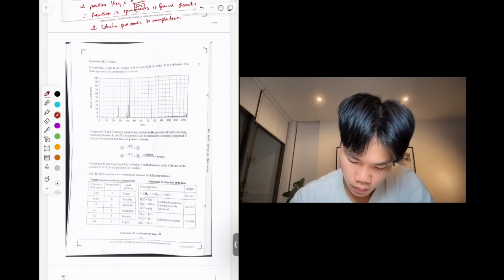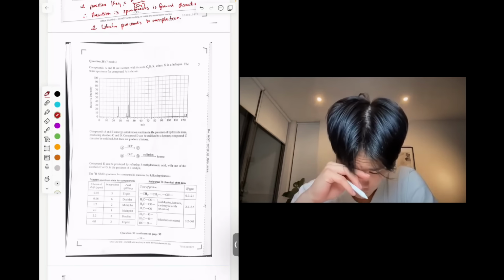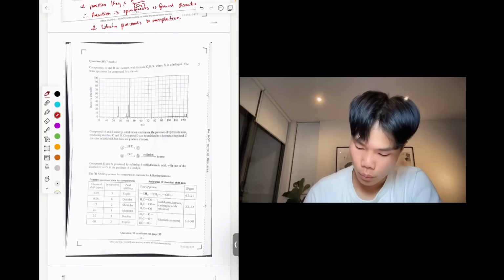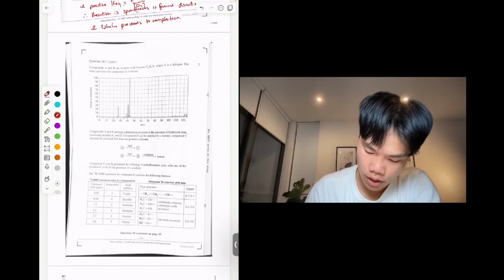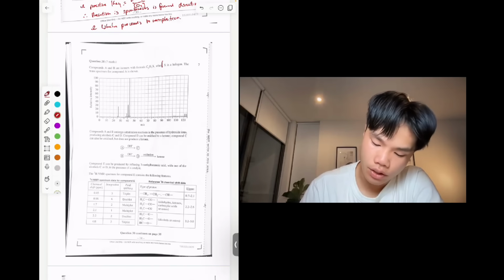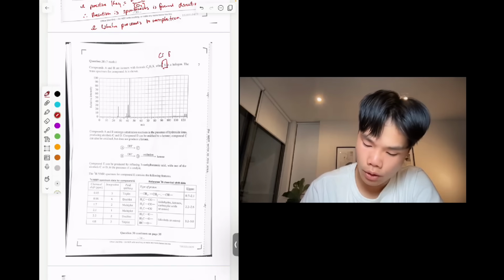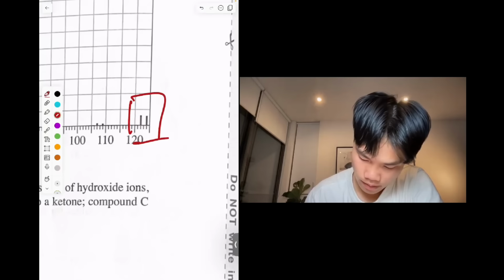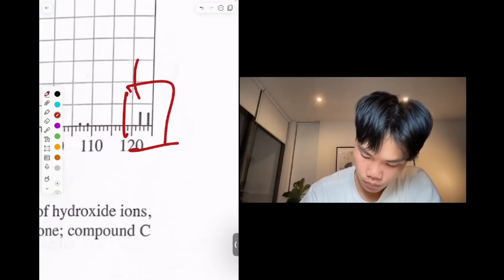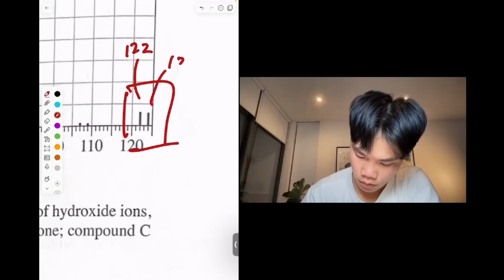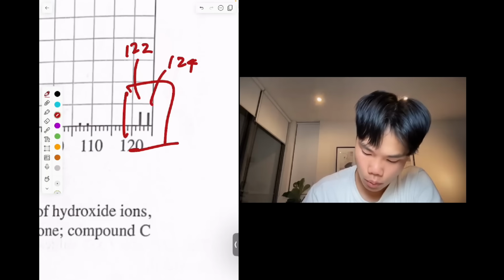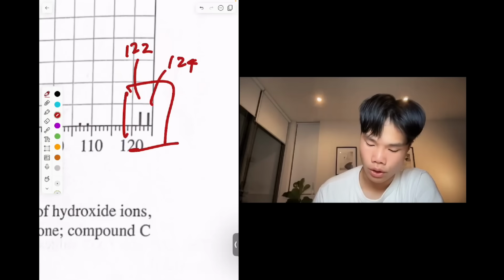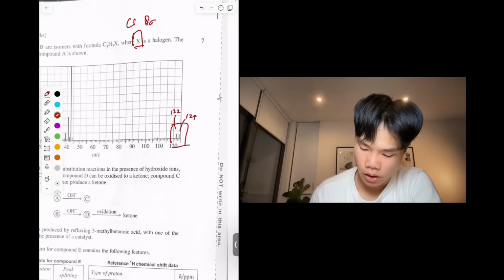So starting off, we know that C3H7X, X is a halogen. We look at the mass spectrum for A and we're immediately looking at whether it's chlorine or bromine. We can see that the two signals up by 120, 122, 122 and 124 appear to be in a 1-to-1 ratio, almost 51 to 49, with one very slightly lower than the other.